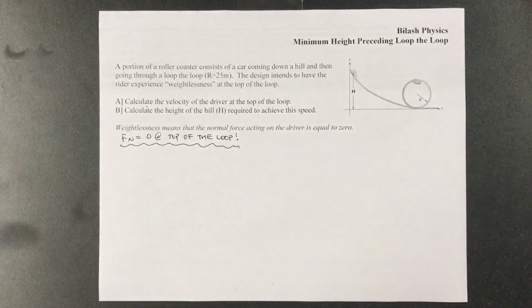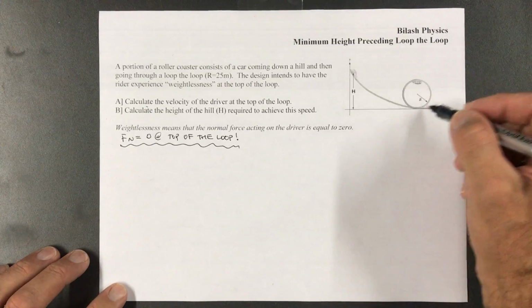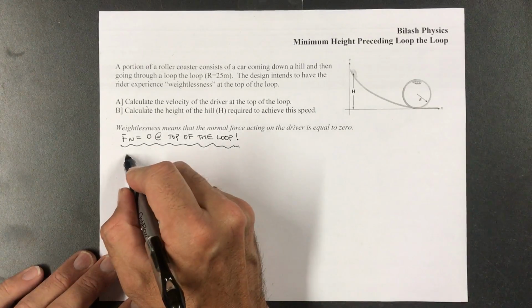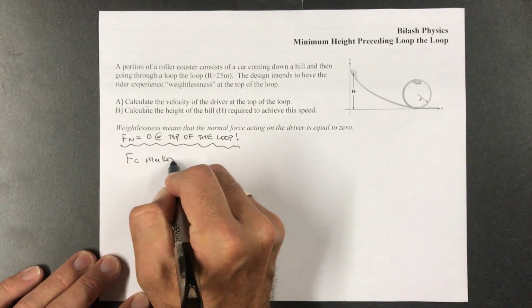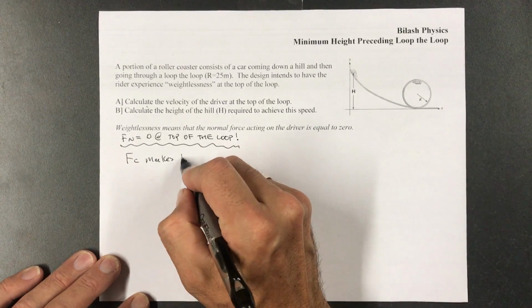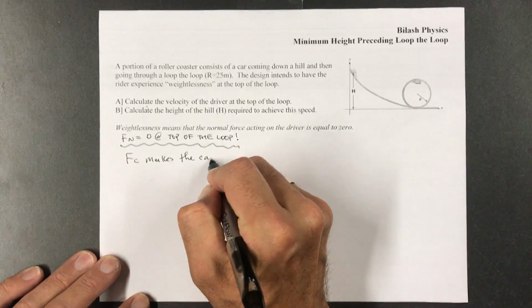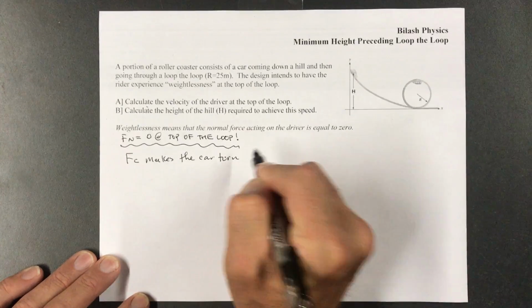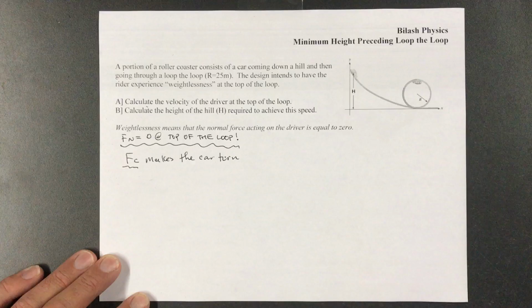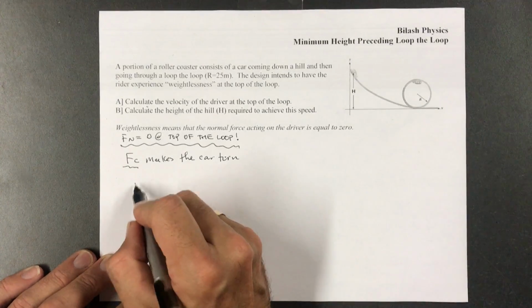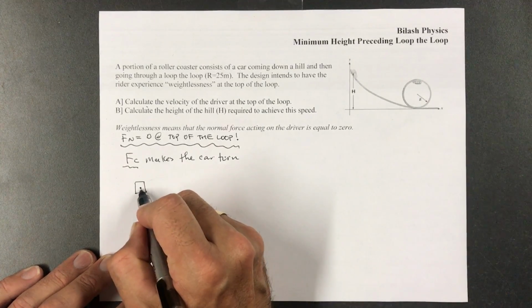Okay, so since the car is turning, we know that the centripetal force makes the car turn. So since centripetal force makes the car turn, we need to figure out what that is, and we get that from the free body diagram.